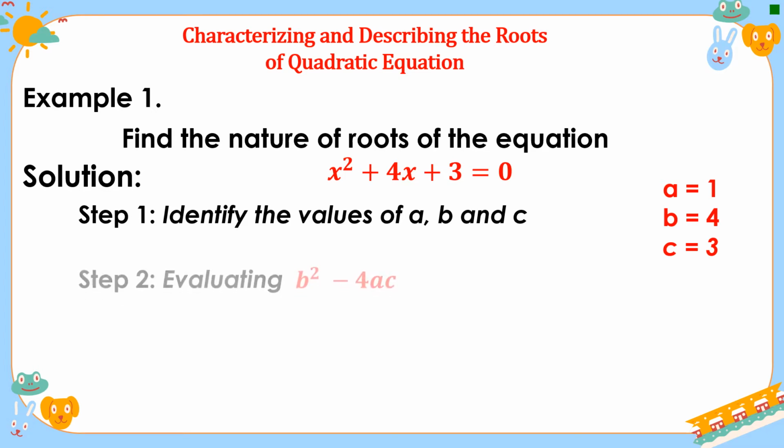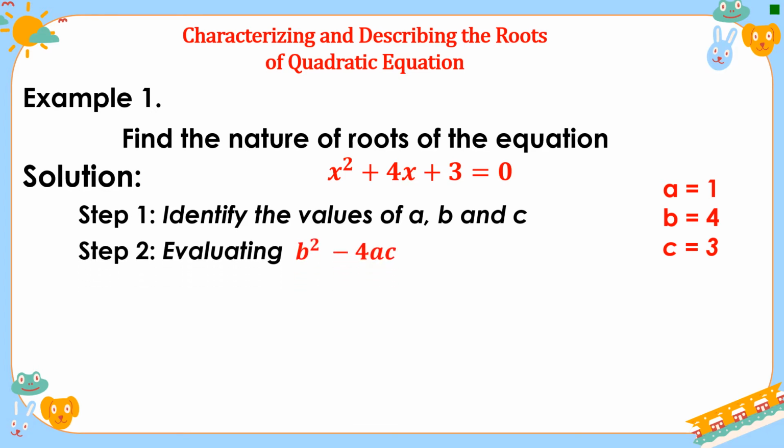Second step, evaluating b squared minus 4ac. So here, we need to substitute the obtained values of a, b, and c to our discriminant formula, b squared minus 4ac.